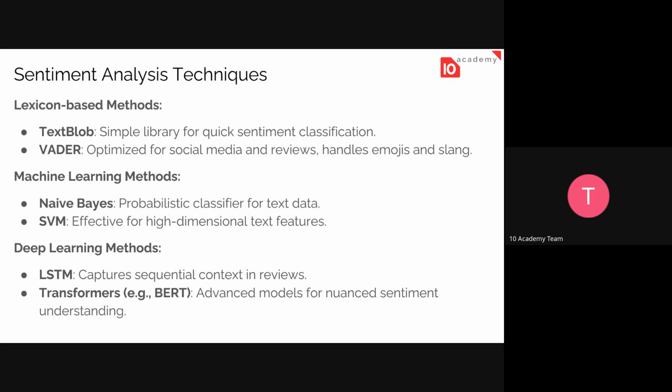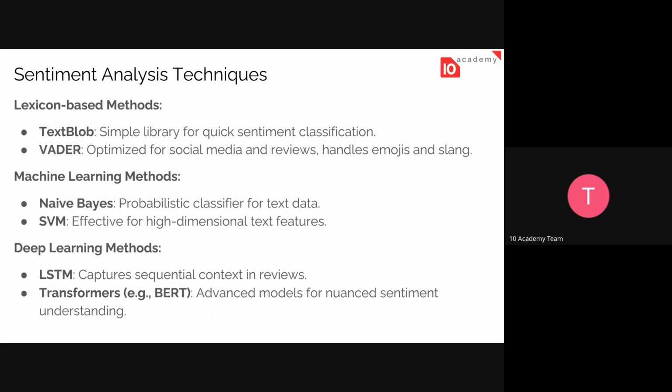Then we have the machine learning methods, Naive Bayes and SVM. These models actually learn patterns from labeled data. Naive Bayes uses probability to guess, and is effective for high-dimensional text features.